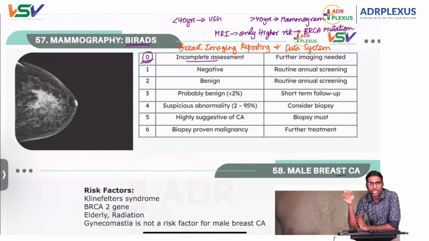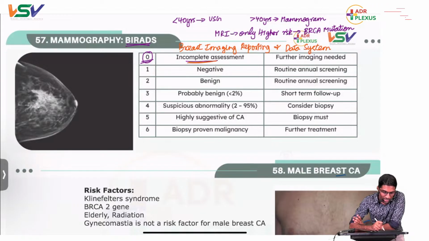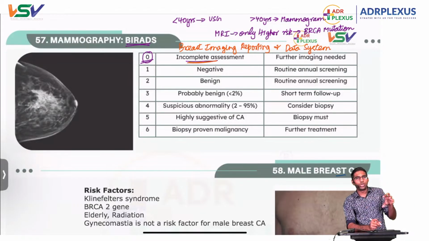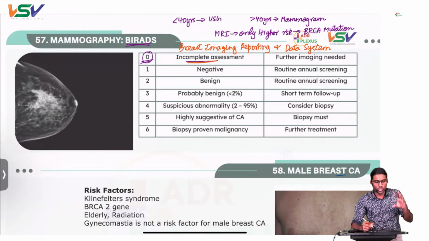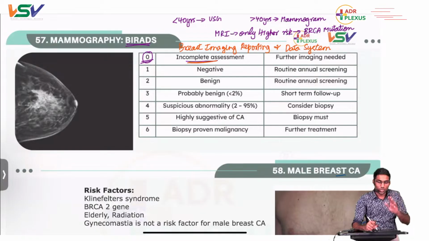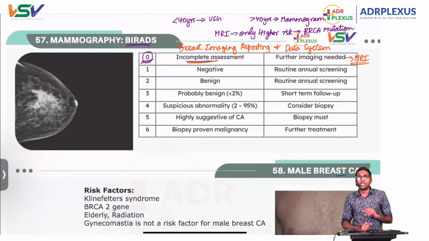But for NEET-PG, only BIRADS will be asked as a question. So incomplete means whatever investigation you have done is incomplete for the radiologist to give the complete assessment. So you should do further imaging. Now you have done ultrasound or a mammogram, now go for MRI. That is known as further imaging is needed.